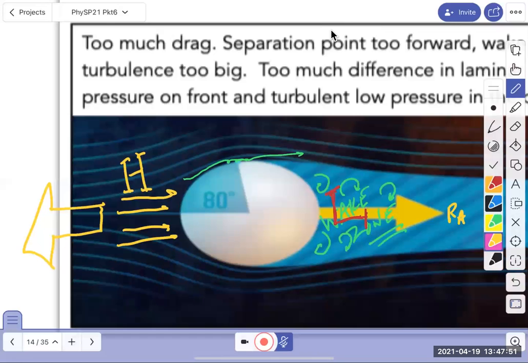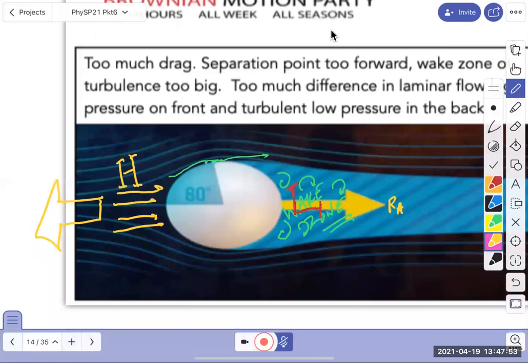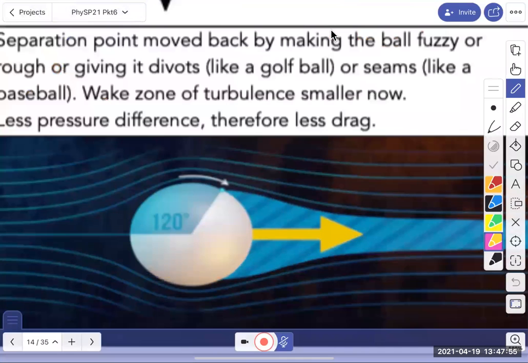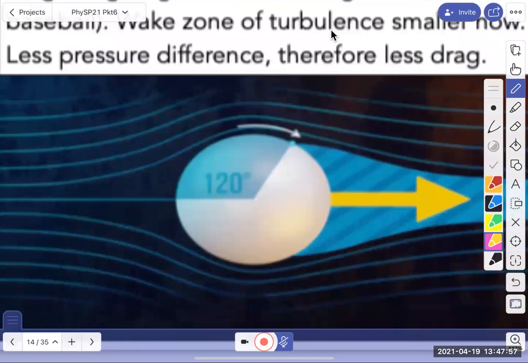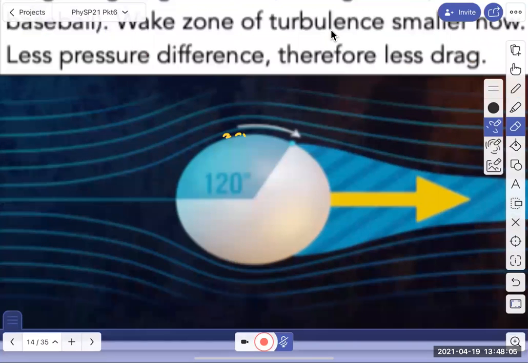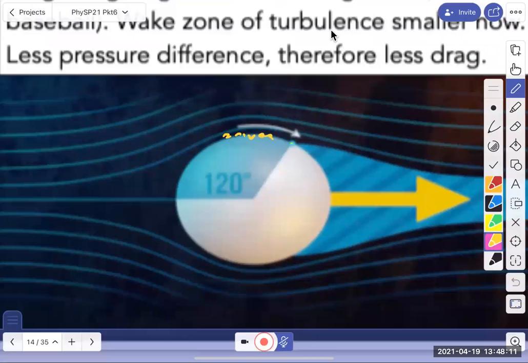Okay, so now let's go with a tennis ball. Well, a tennis ball is fuzzy, and those little air molecules hang on. They get caught up in the fuzz. Or if it's a golf ball, they get caught up in the divots, the little dimples in the golf ball, and they kind of curl around. And finally, they separate, but they hang on to like 120 degrees.